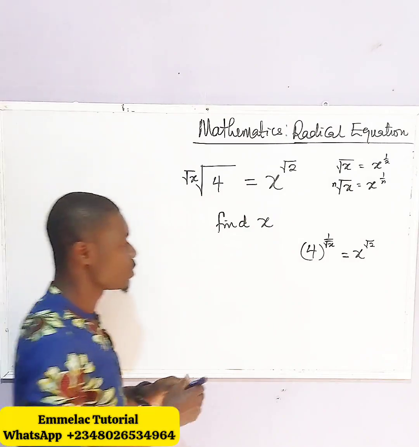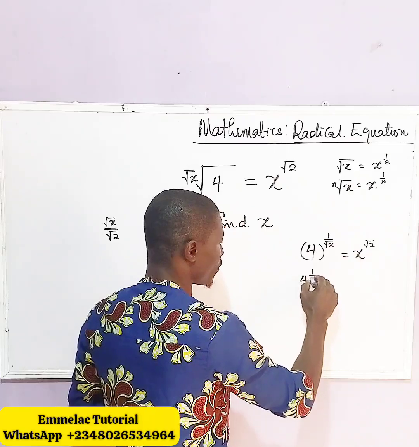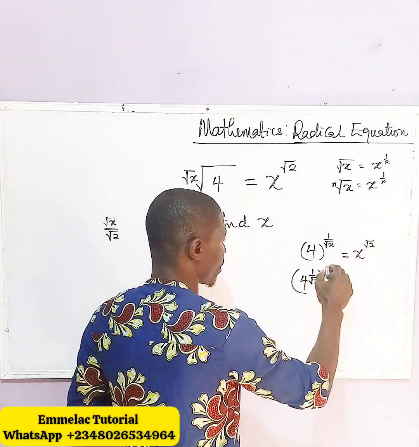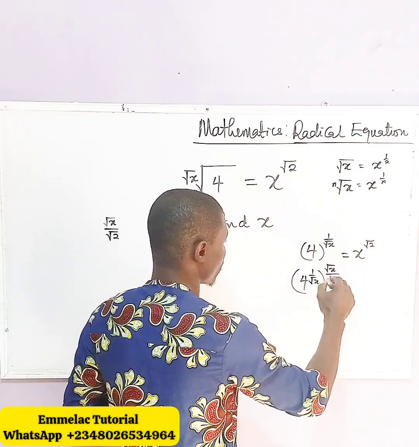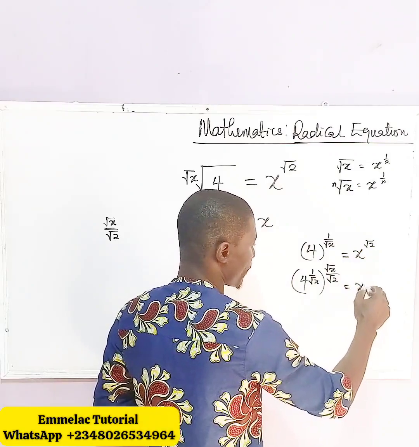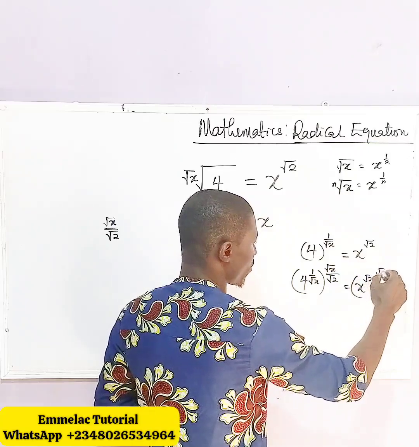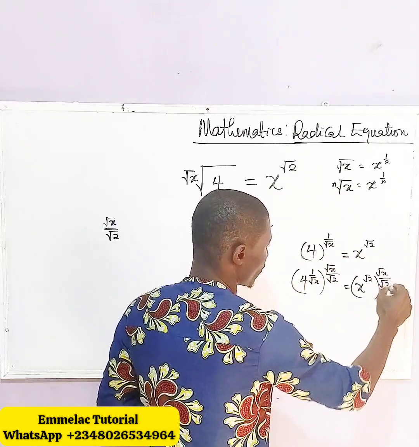Which implies that 4 raised to the power of 1 all over the square root of x, all raised to the power of the square root of x all over the square root of 2, then equals x raised to the power of the square root of 2, all raised to the power of the square root of x over the square root of 2.